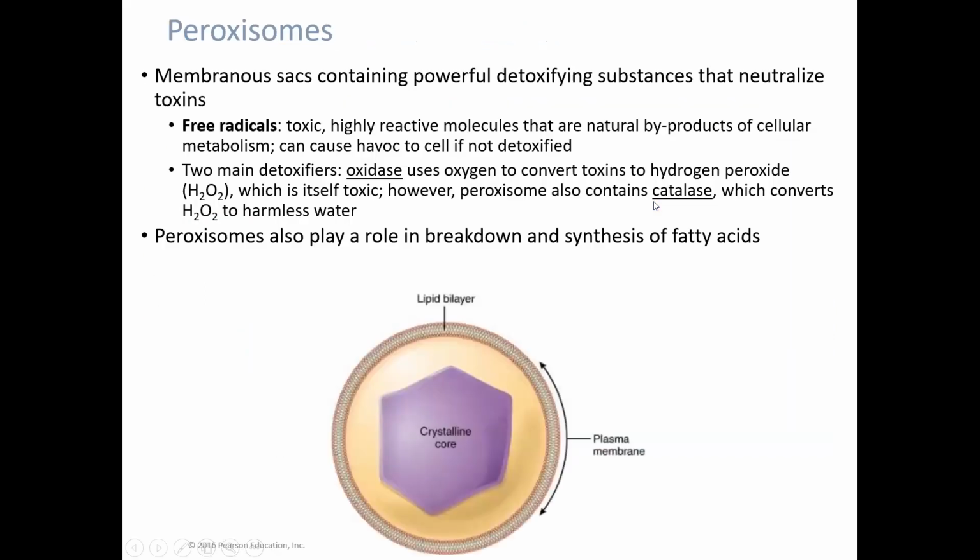Now, another type of organelle is the peroxisome. Now this involves something that we're all familiar with, hydrogen peroxide. You go down to Walgreens or Walmart or Food City or someplace, and you see hydrogen peroxide for sale.